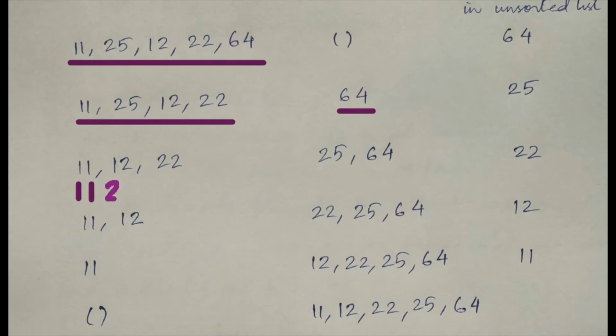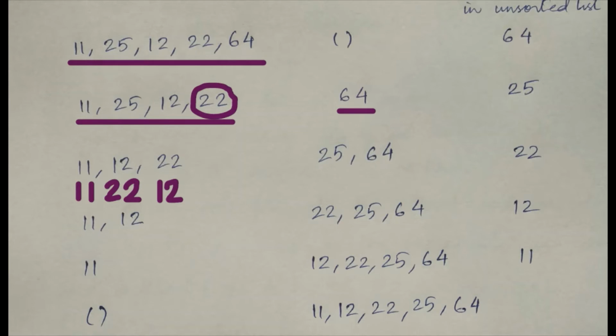So this should be 22 and this should be 12. Okay, so you'll swap the maximum element with the last element. Okay, and this is how we have done it. You can do it this way also, but according to the logic that I've explained earlier, we will swap the maximum element with the last element.